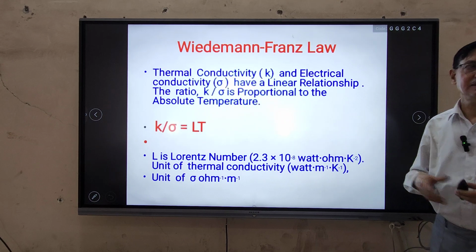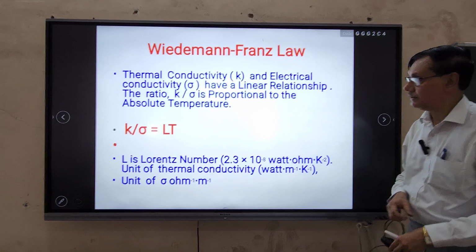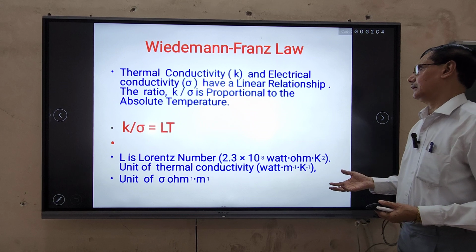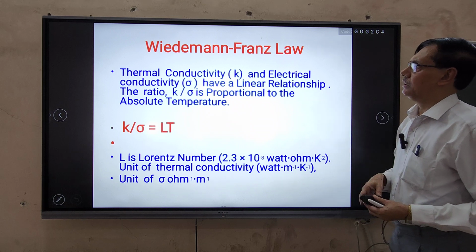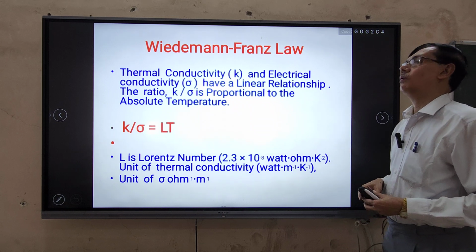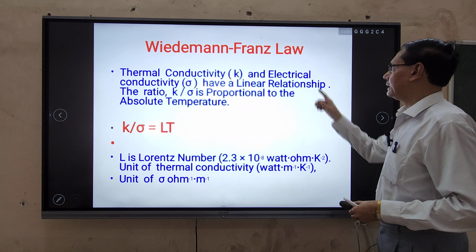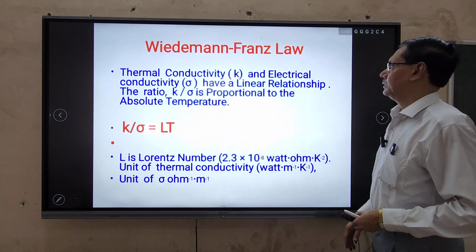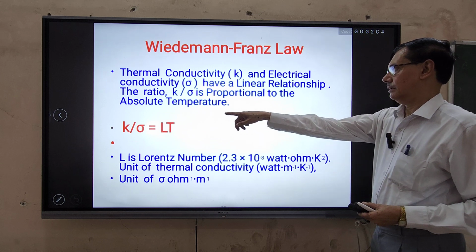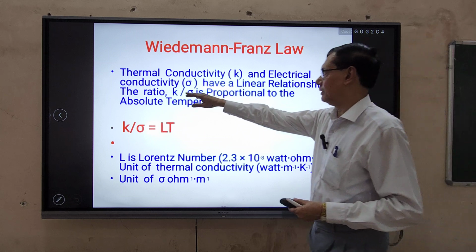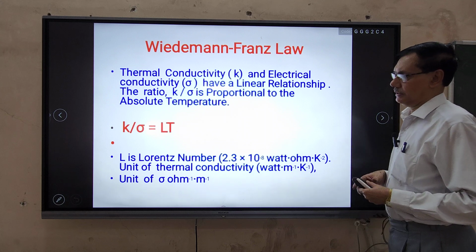The last part I want to tell you is that there is a relationship between the thermal conductivity and the electrical conductivity, a very popular law available in any physics book, called the Wiedemann-Franz law. If K is the thermal conductivity and sigma is the electrical conductivity, there is a linear relationship: the ratio of the thermal conductivity to the electrical conductivity is proportional to the absolute temperature.